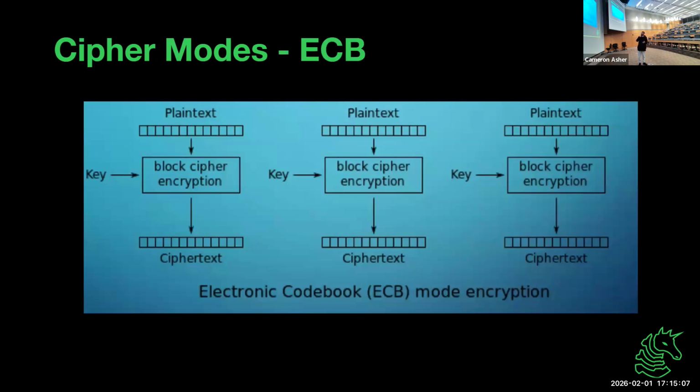Basically we just provide the plain text to the cipher with the same key independently. This is the simplest way, but it has some disadvantages. For example, if you use the same plain text in multiple blocks, you're always going to get the same output since the cipher is deterministic.